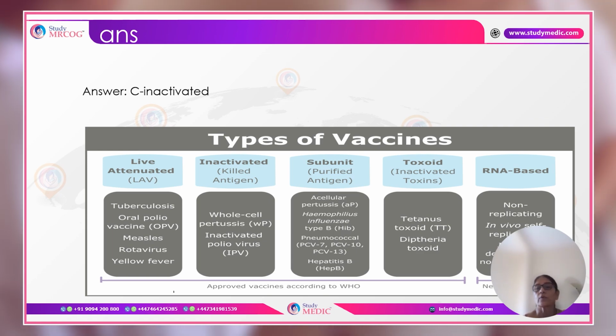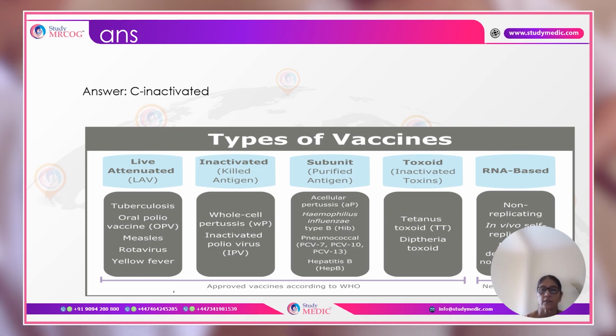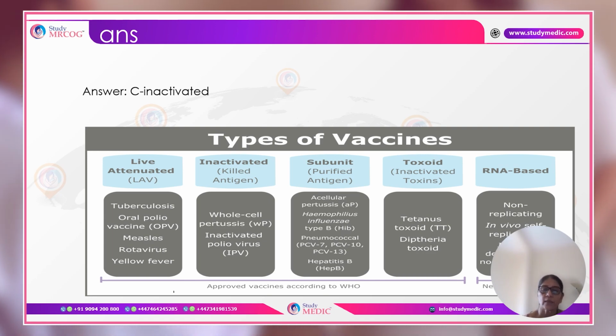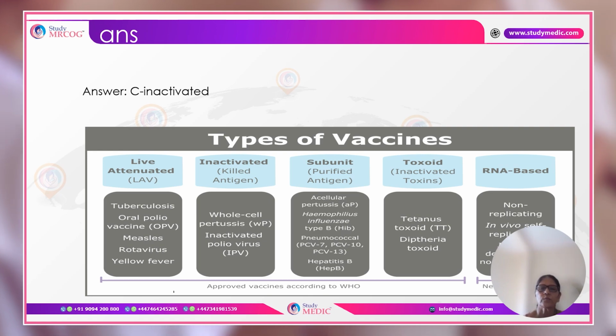Then subunit vaccines. You have acellular pertussis, Haemophilus influenzae type B, pneumococcal and hepatitis B. Even the subunit vaccines are usually not safe in pregnancy, but in some exceptional circumstances, like when the woman really has to travel to some area where Haemophilus influenzae is very rampant, you can give her the vaccine at that time.